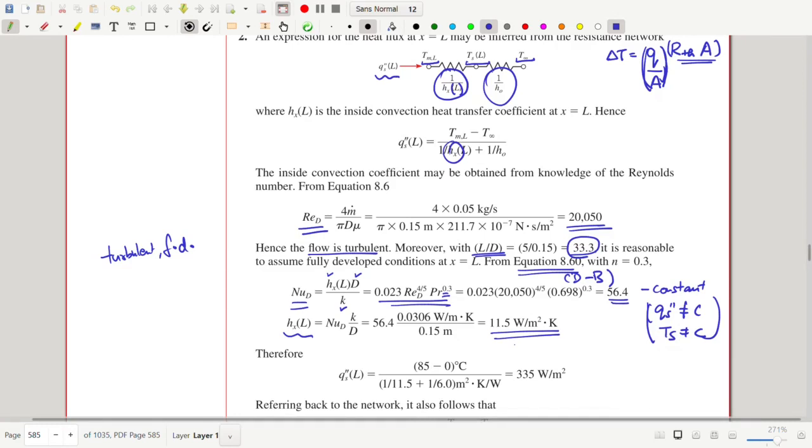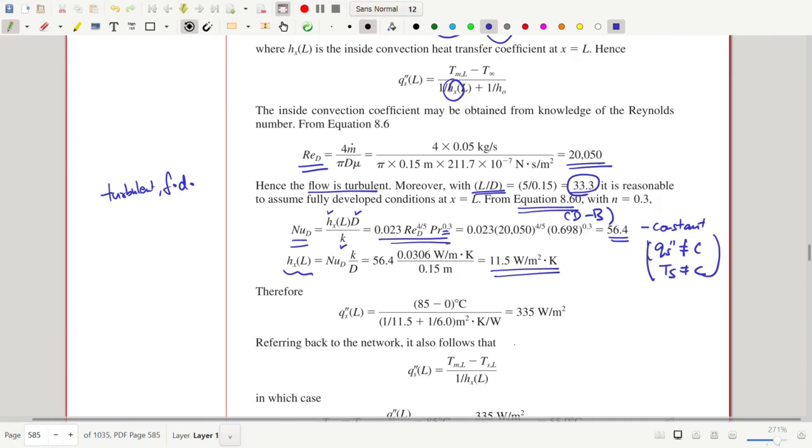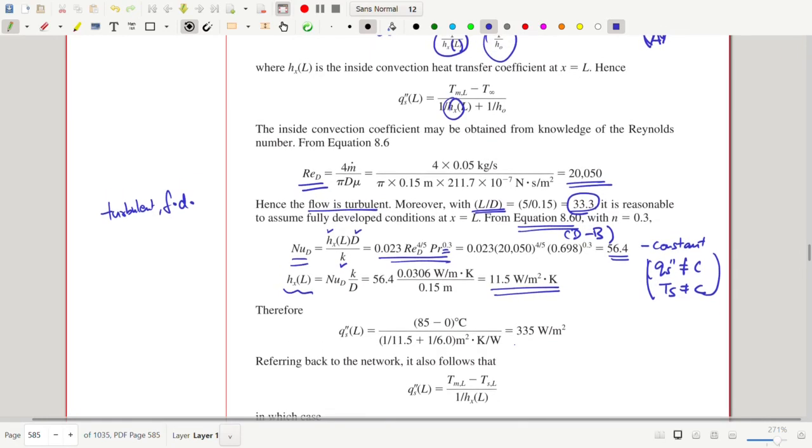Okay, so not very large, because we're talking about the exit situation of the pipe. Well, it's actually supposed to stay constant throughout the pipe. But it's not a very large value, which is kind of good for us because we don't really want to lose the heat.